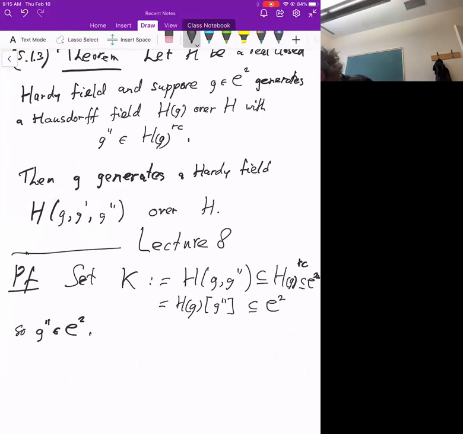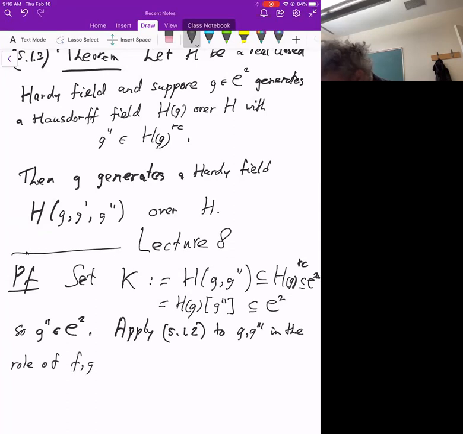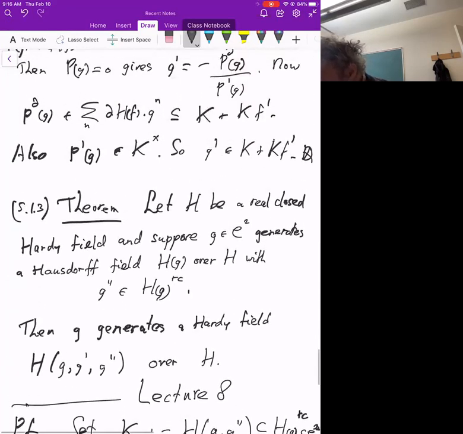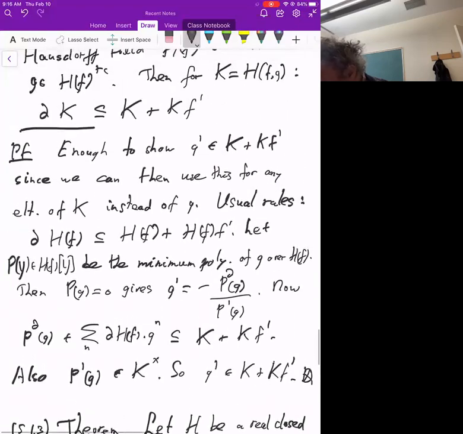Okay. In particular, now we apply 5.12. Apply 5.12 to G double prime. Let's go to 5.12. That was this lemma.